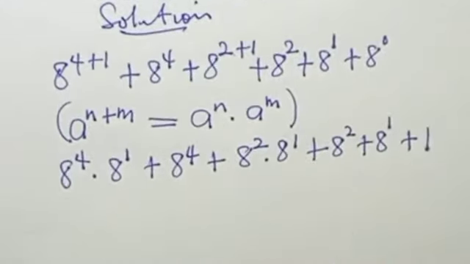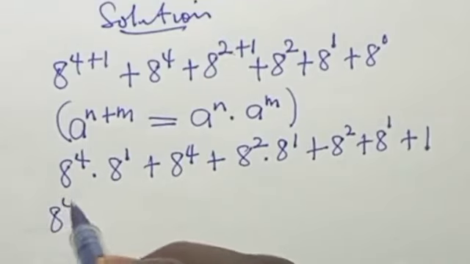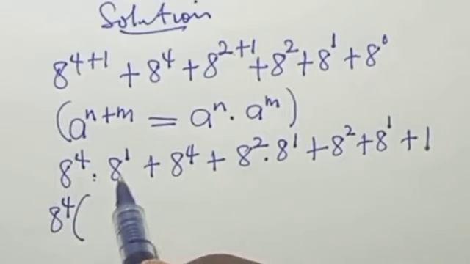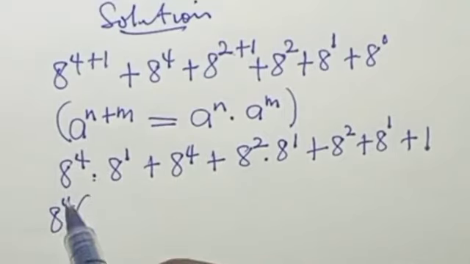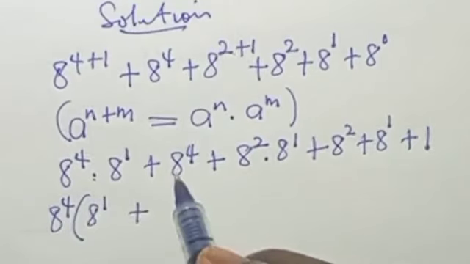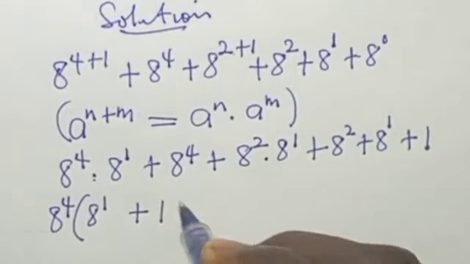So we have 8 raised to power 4 and 8 raised to power 4. We can bring it out to be 8 raised to power 4 and 8 raised to power 4 times 8 raised to power 1 divided by 8 raised to power 4 to be left with 8 raised to power 1, plus 8 raised to power 4 divided by 8 raised to power 4 gives us 1.